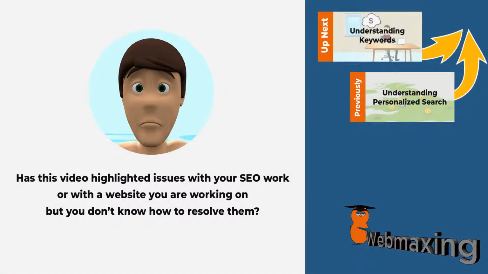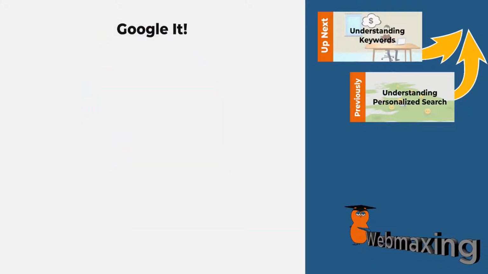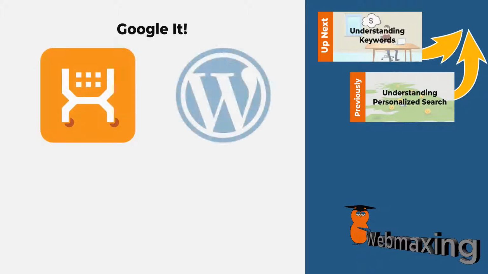Has this video highlighted issues with your SEO work, or with a website you're working on, but you don't know how to resolve them? There are simply too many ways a website can be built for us to offer a comprehensive how-to part to these tutorials. However, we would recommend the following steps. First, try Googling it. If you know what platform your website is built on, say Xcart or WordPress, just try Googling what you need.